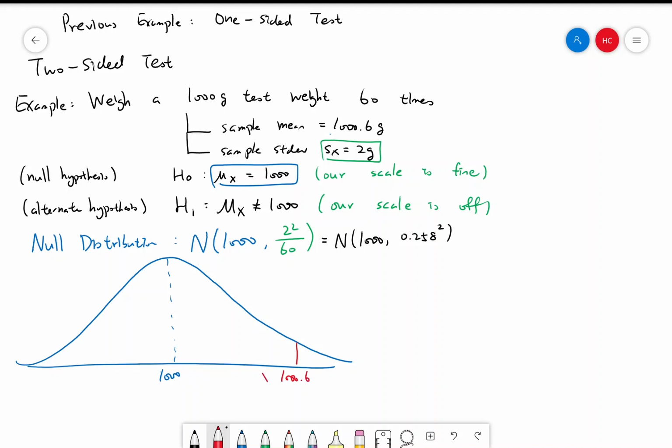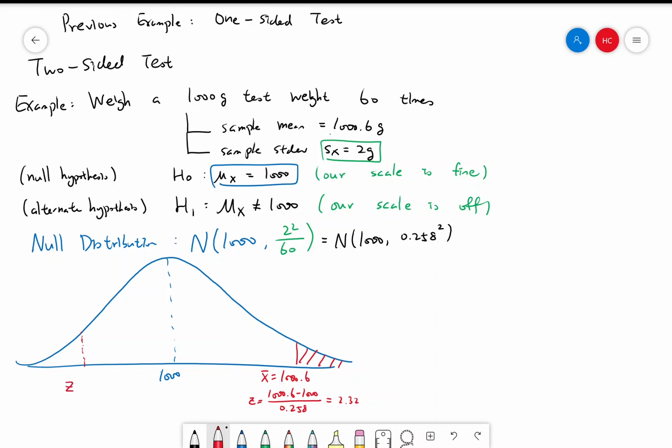So let's first calculate the z-value. The z-value corresponding to 1,000.6 is equal to 1,000.6 minus 1,000 divided by 0.258, which is equal to 2.32. So the difference between the one-sided test and two-sided test is that the p-value not only calculates the area of this tail, it also calculates the area of the corresponding tail on the other side.